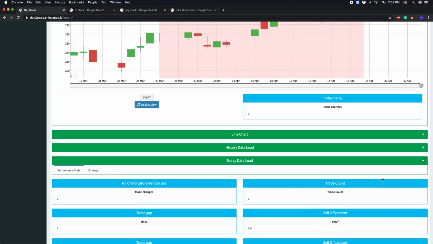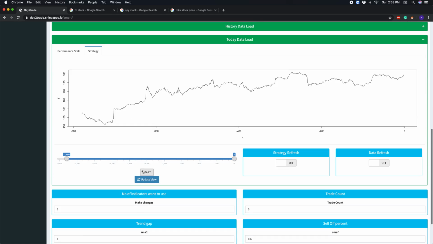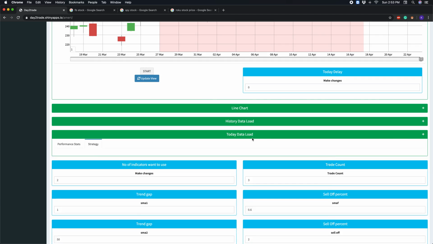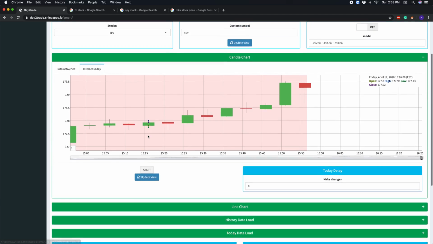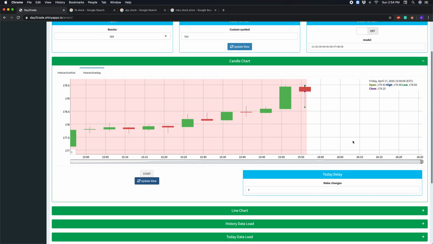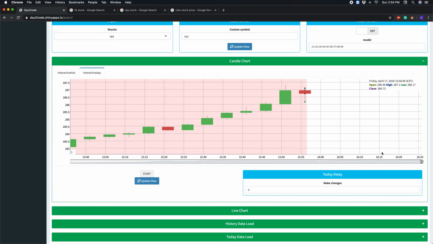And if you go for today's load, we can just load the strategy here by using start and update view. So it will load. Just compare the values here so that you make sure the stock selection is right, and then we'll go for applying our technical algorithm so that it will give you the selection points.